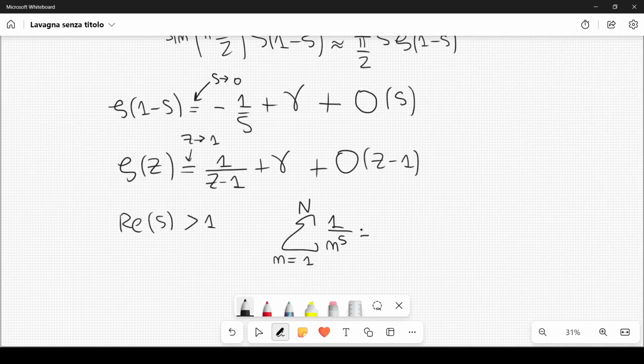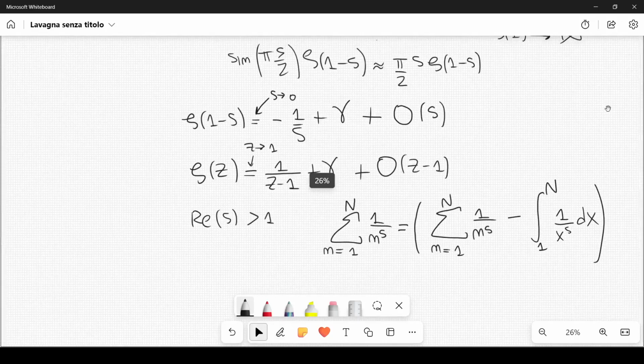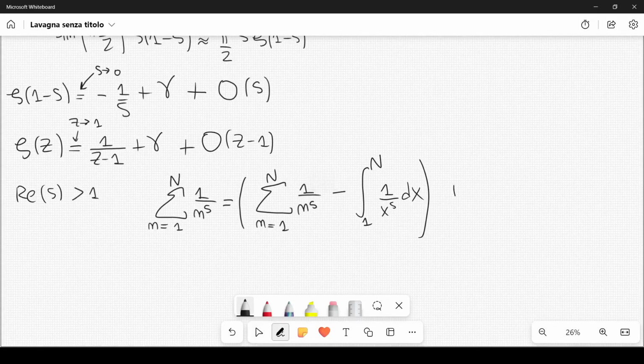Anyway, if we start from here and we just do a little bit of very simple algebra, I'm going to consider the following. This is equal to the same summation, of course. Then we are going to subtract the integral from 1 to capital N of 1 over x to the s dx. Of course, I also have to add the same integral, the integral from 1 to capital N of 1 over x to the power s dx.